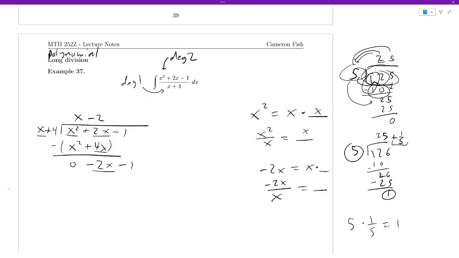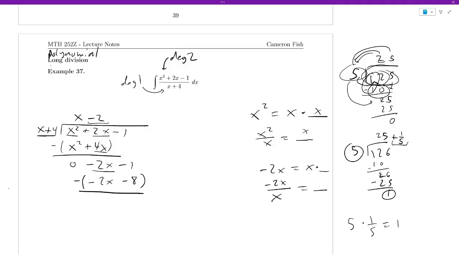So now I take just the negative 2 and multiply it through this whole thing. So I'm going to get negative 2x minus 8. I have negative 2 times 4 is minus 8. And it's a really good idea to put this thing you get in parentheses so that when you subtract it, you know where all the negative signs are.